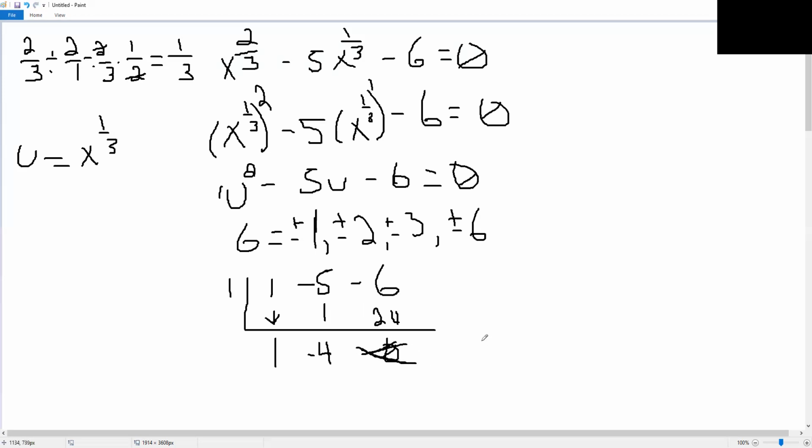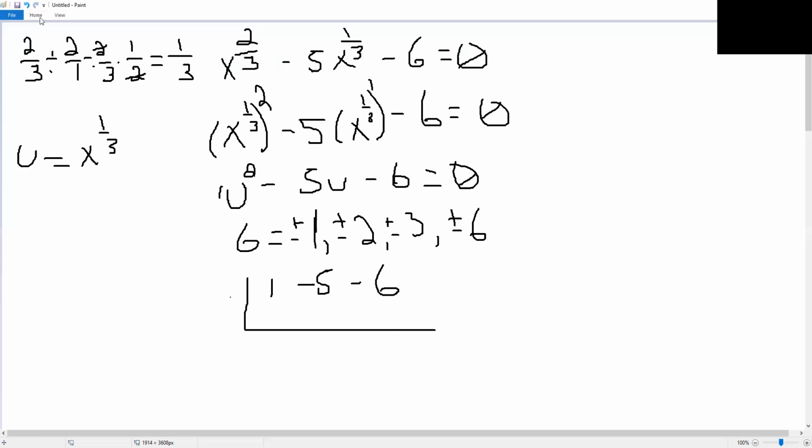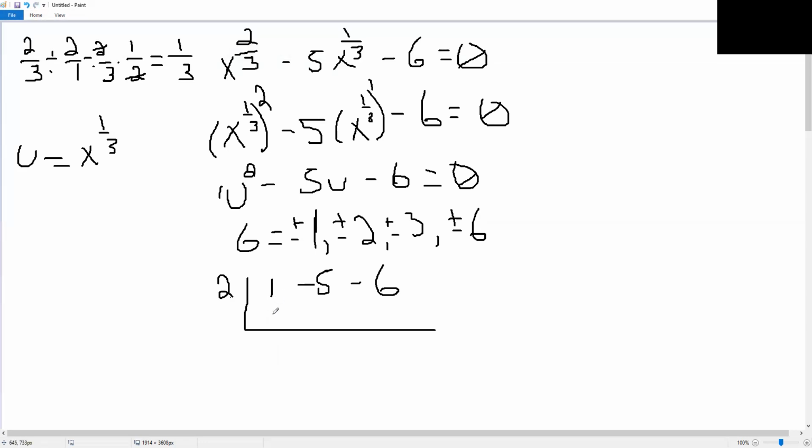Let's try something else. How about 2. Just going to get an eraser and do this. There. 2. Let's bring our 1 down. 2 times 1 is 2. -5 minus 2 is -3.